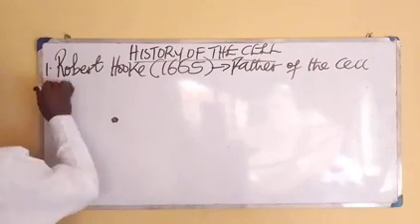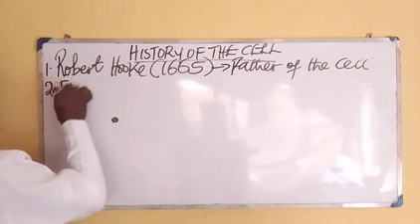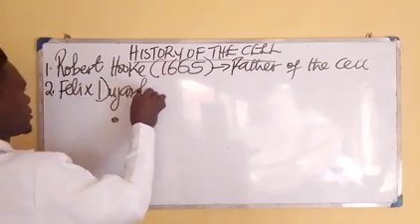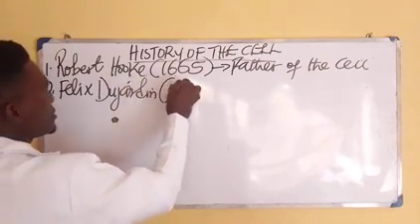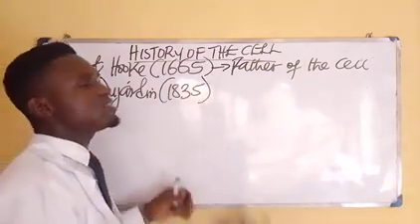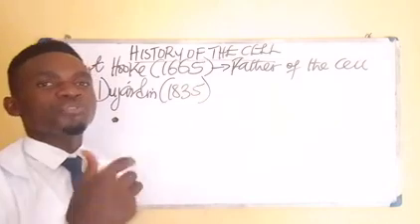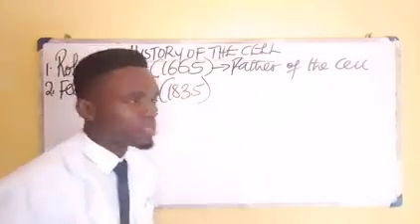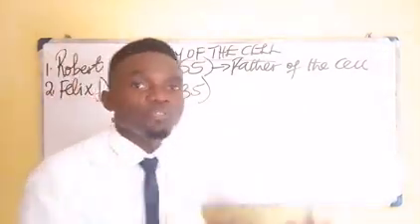Then number two, Felix Dujardin in 1835 stated that all living things were made of cells. That was what he stated. He said that both plants and animals were made of cells.